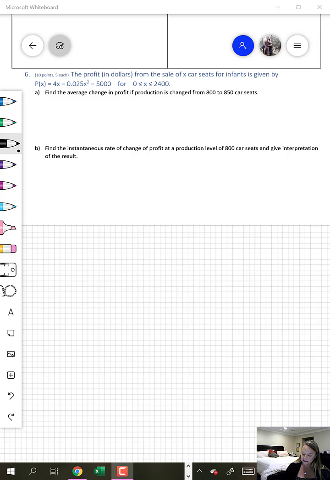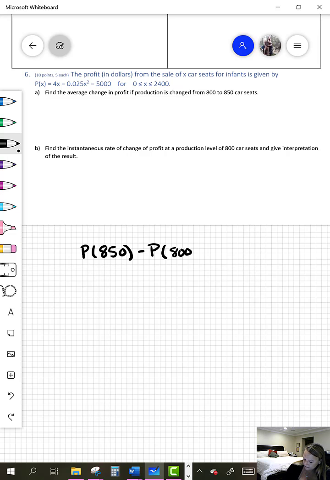So basically all we want to do is find the slope there. We want to look at P of 850 minus P of 800 all over 850 minus 800. So we need to evaluate and figure out what P of 800 is.